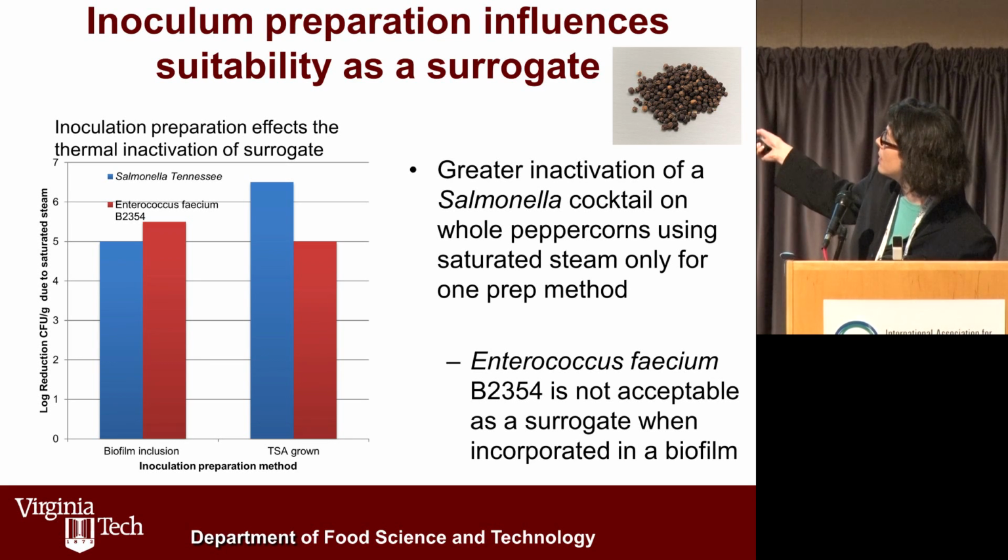In comparison, when they're grown on tryptic soy agar plates and scraped from those plates according to the methods proposed by the Almond Board of California, the Enterococcus faecium is a good surrogate for that because you have more reduction of the Salmonella in comparison to the Enterococcus faecium.